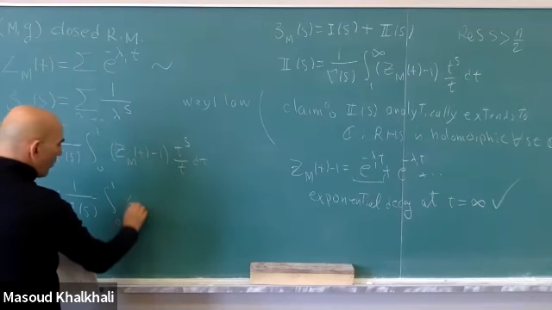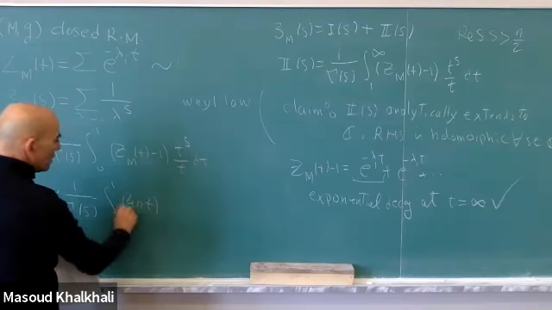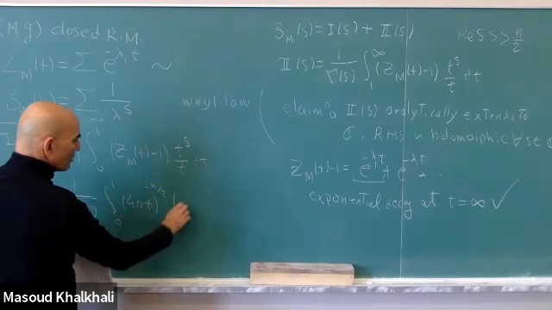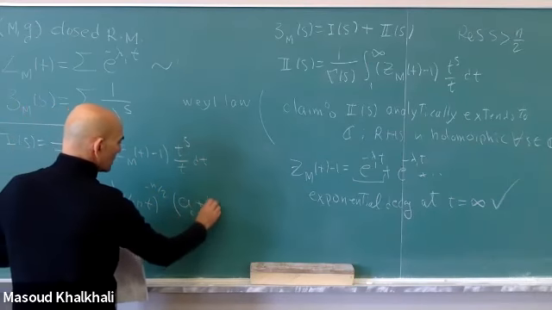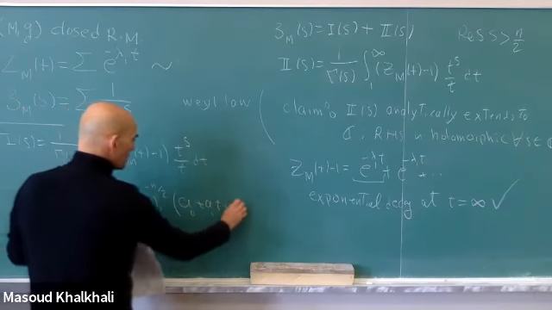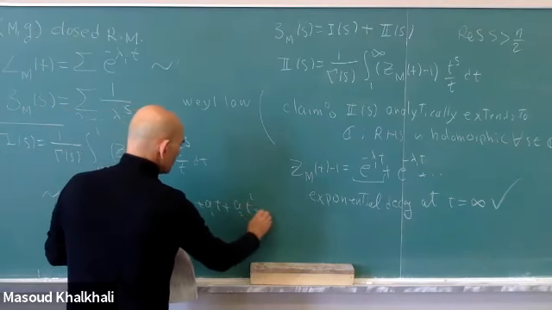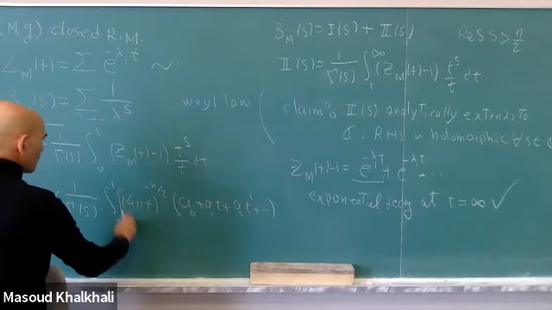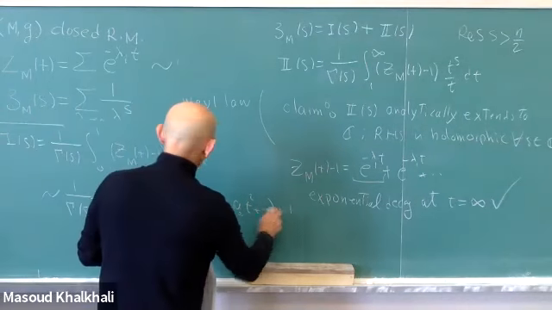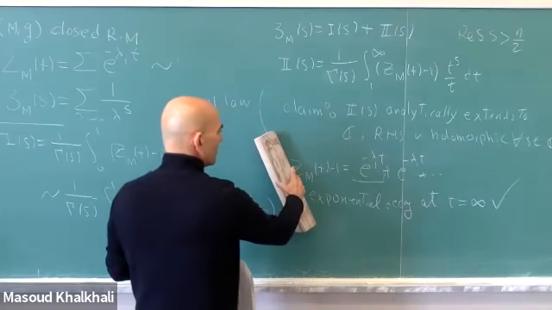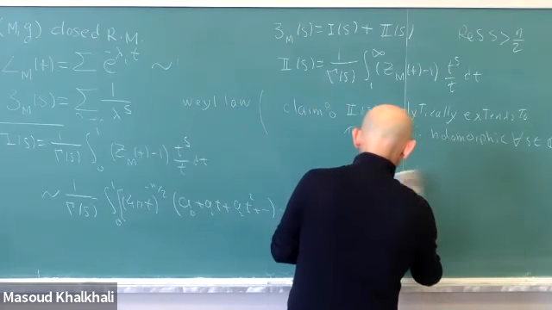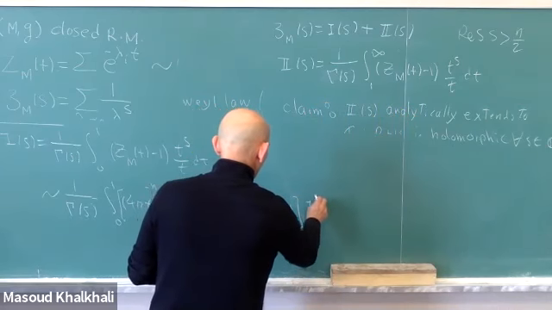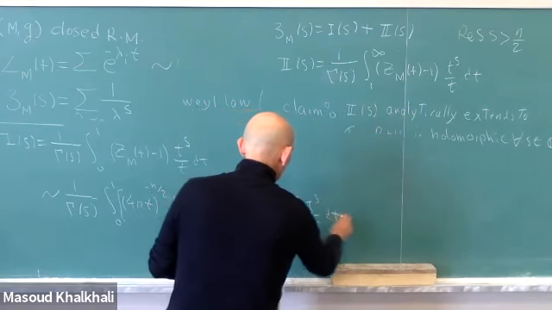Zm, we know it's approximated by 4 pi t to the minus n over 2 times a0 plus a1 t plus a2 t squared, and so on. And then I've got to subtract 1, and then we have t to the s over t dt.